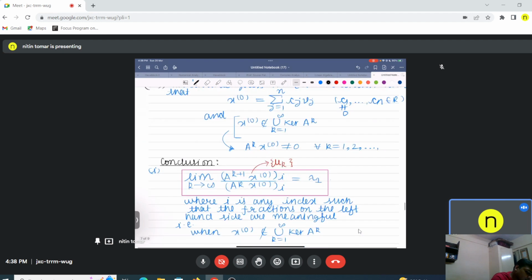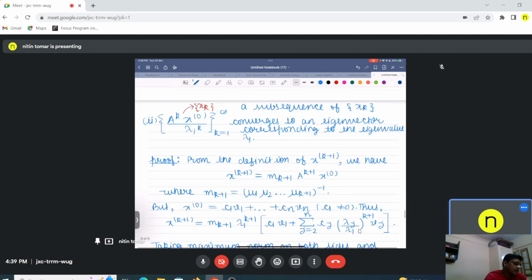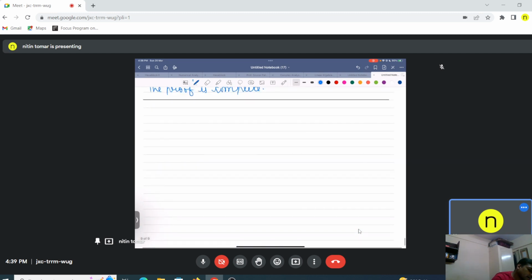So in the conclusion, we should write a subsequence. Yeah, because we have got a subsequence of xk. Yeah, so a quick remark, then we'll revise the proof.